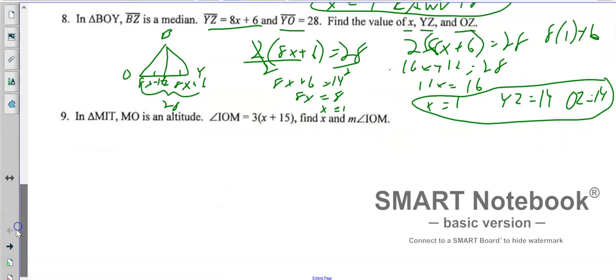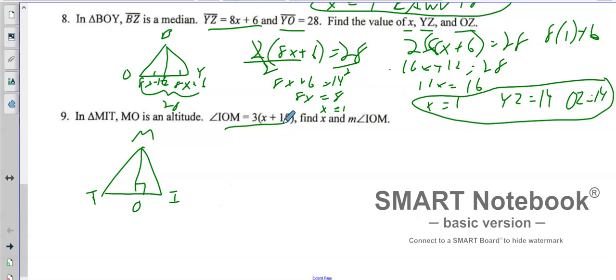Okay. Number 9, triangle MIT. Again, I like to draw this MO right straight down. I think it's easier for me at least. So there's MIT. So it's an altitude. Okay, that means this is 90 degrees. IOM, which is that angle right there, IOM is 90 degrees.